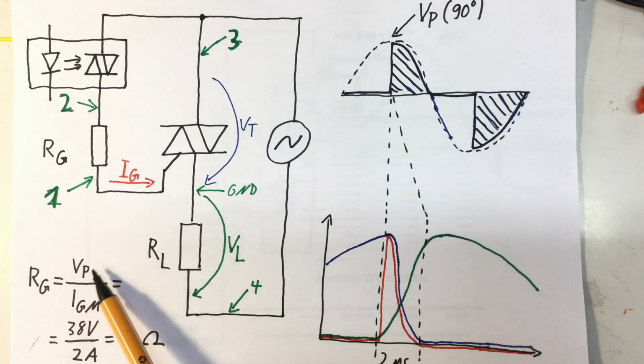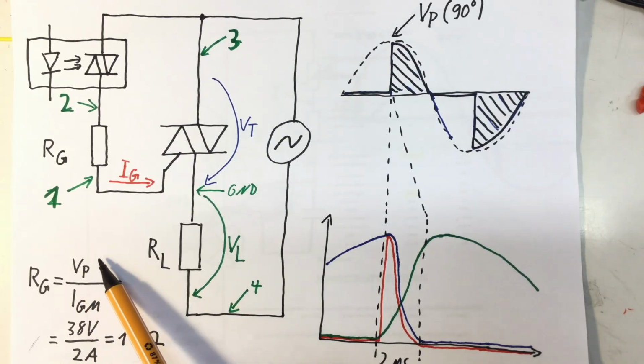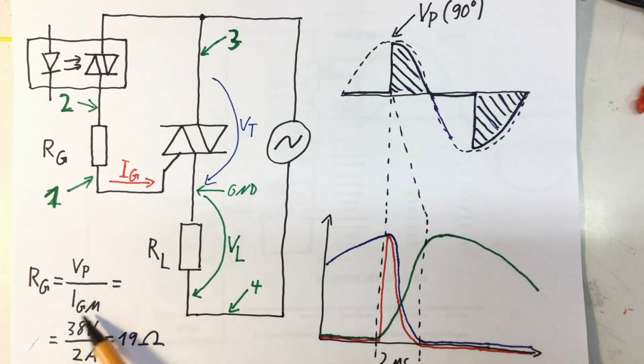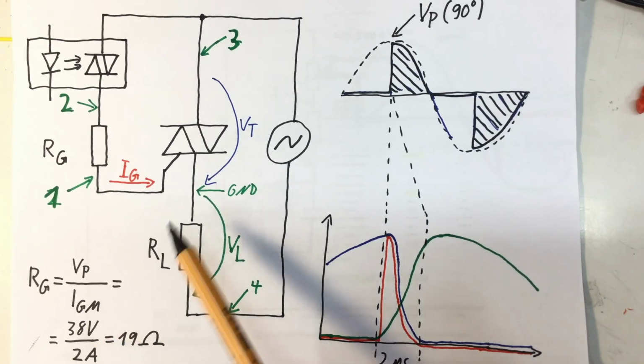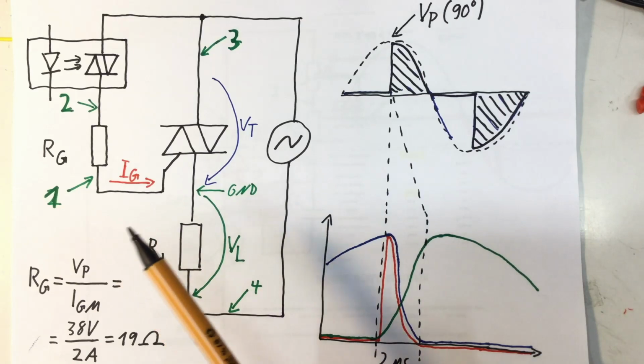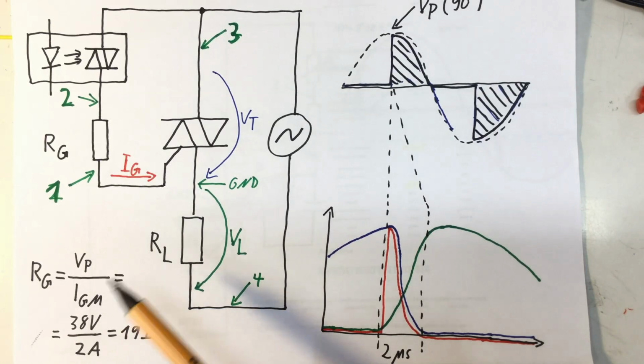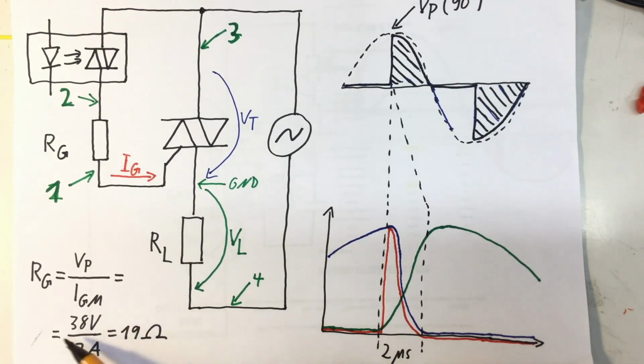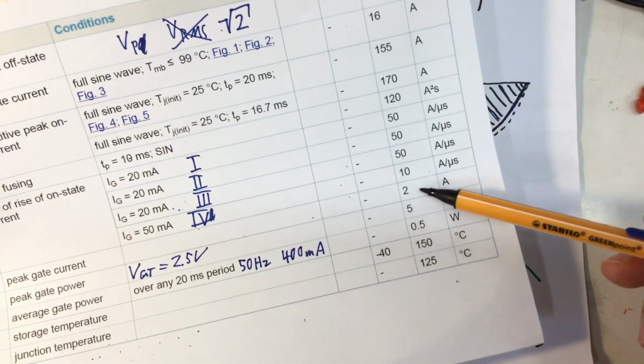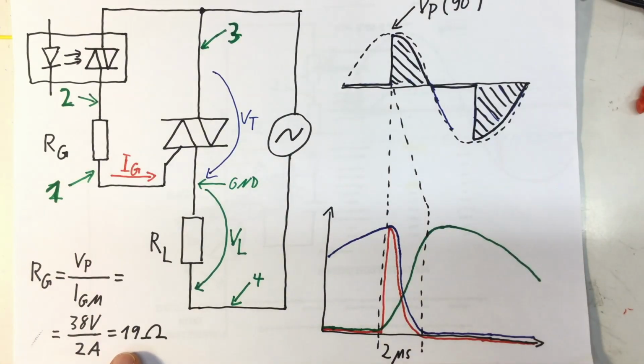So we take our peak voltage divided by the allowable repetitive peak current from the datasheet. In my case, I set 24 volts RMS plus 10% to be on the safe side, times square root 2 makes 38 volts, divided by the 2 amps from the datasheet, and that gave me 19 ohms.